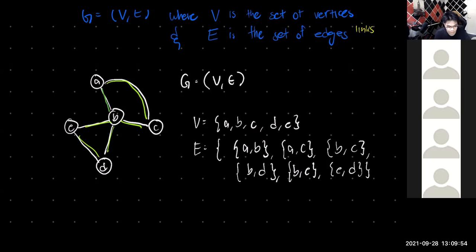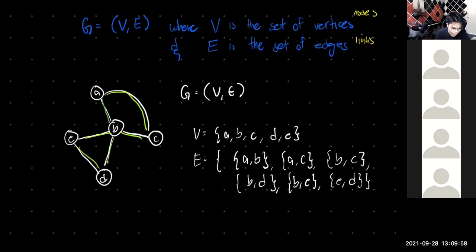So we could declare this edge here as edge AC, or it could be edge CA, but we can't have both. If we work in a directed graph, the order matters. So edge AC will now be different from edge CA. Think of it as a one-way street. It's unique in one direction from the other direction that you process it.